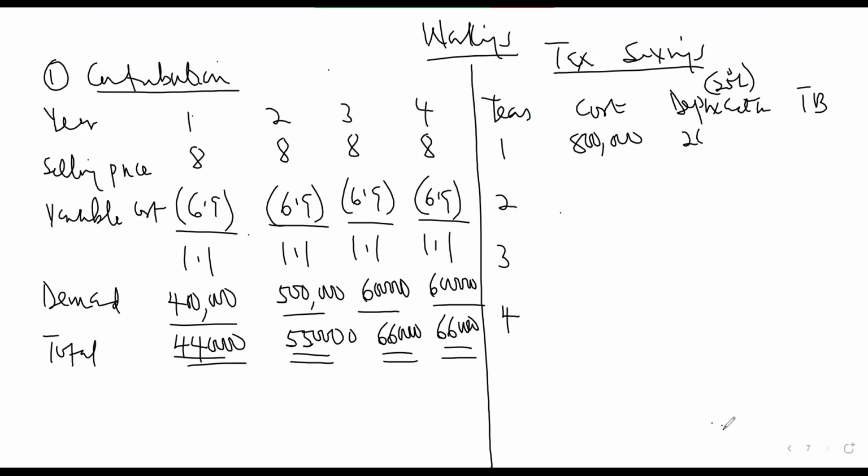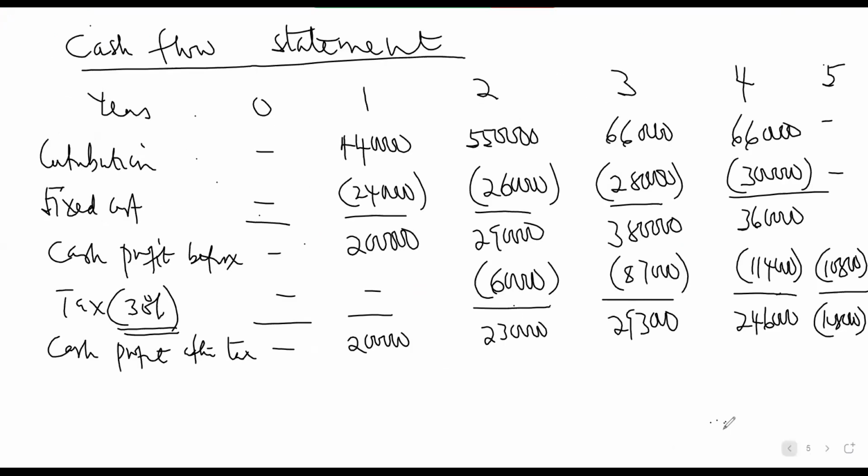The meaning is that this 200,000 as a depreciation should have been taken from the profits over here before we charge our tax. So the 200,000 should have been taken over here before we charge the tax, but that has not been taken.